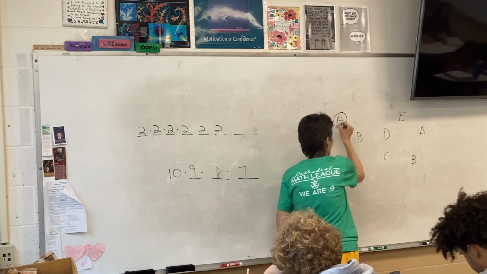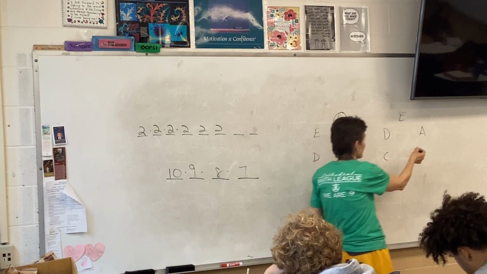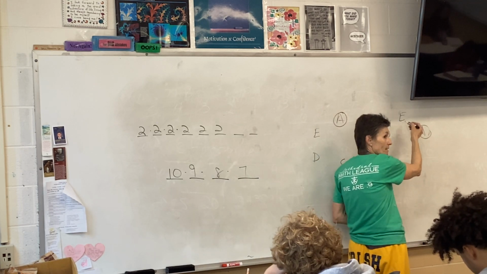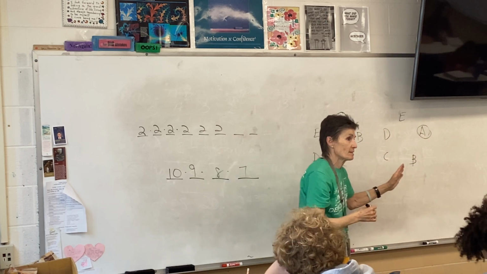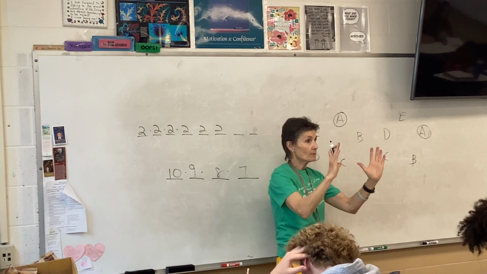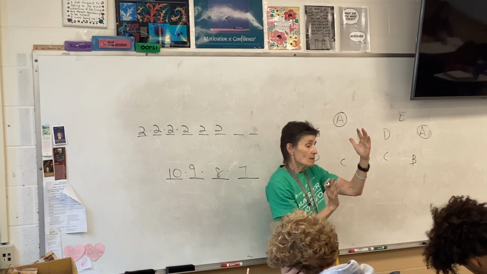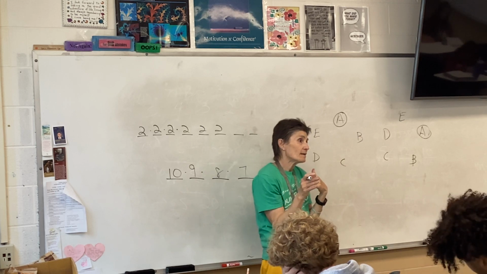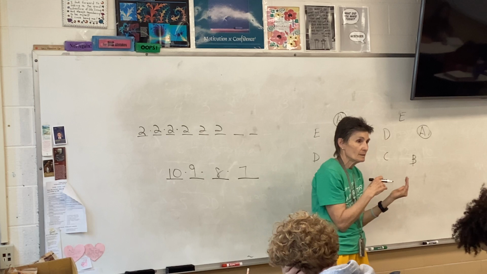Where is person A? A is in between E and B. Where's person A over here? In between E and B. So these are not different arrangements. These are rotations of the same arrangement. With circles, you can do that because there's no beginning and no end.